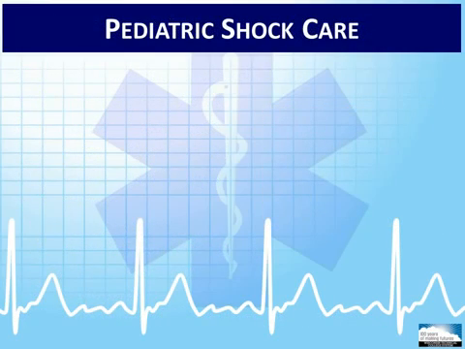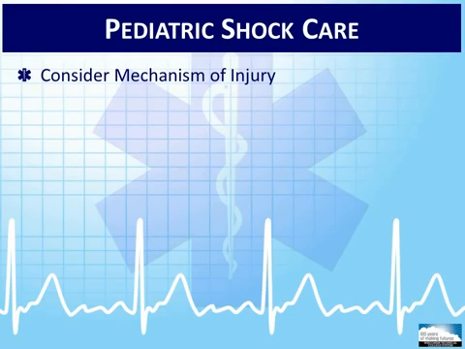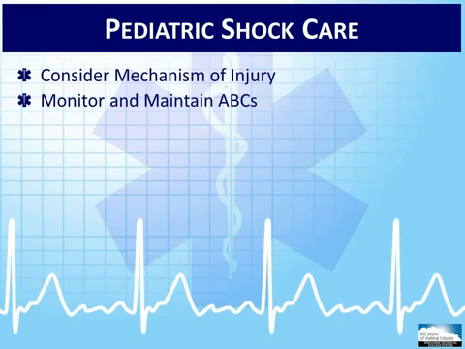As with the adult patient, transport should not be delayed for the pediatric shock patient to complete assessments and interventions. It is important to begin transport as quickly as possible for pediatric patients in shock, performing assessments and interventions en route. Be sure to consider the mechanism of injury, paying special attention to the need for spinal immobilization. Persistently monitor the patient's airway, breathing, and circulatory states, as it can change rapidly with little to no warning in the pediatric patient.